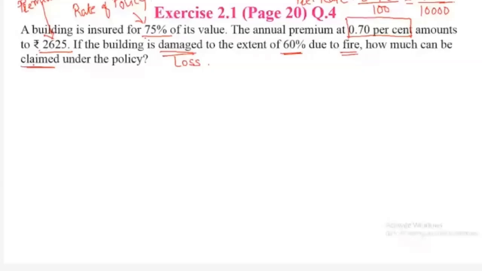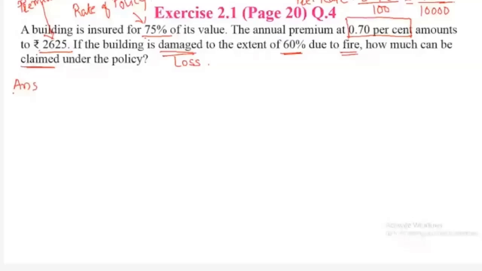Okay, let's do it. Which amount is given to you first? Premium amount is given.